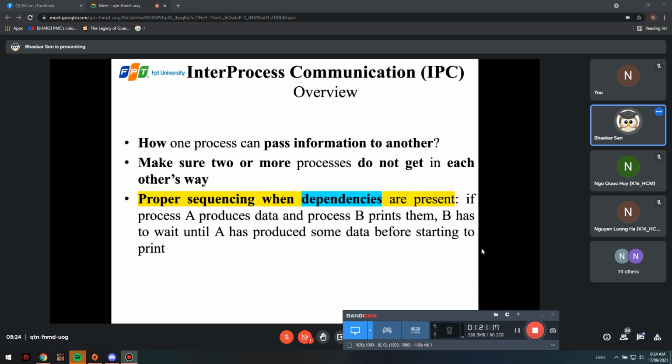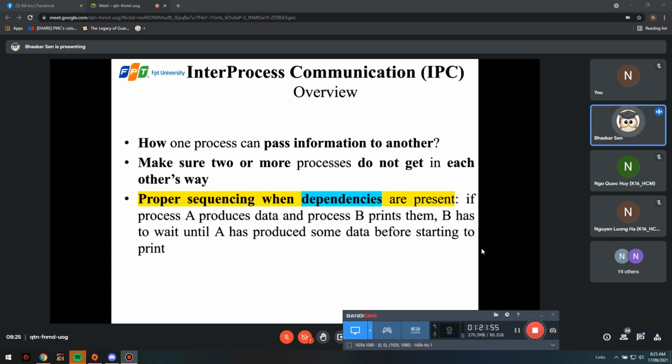Will there be a deadlock? No, there won't be a deadlock. The program will still run to completion and something will still come out from the printer. But the value of y printed would be an old value, because program B ran a little too early, before program A finished its task. That is what we call race condition.